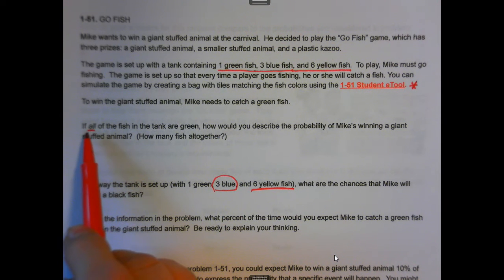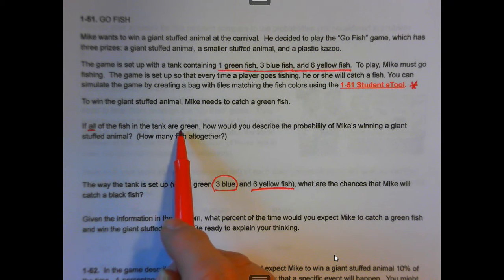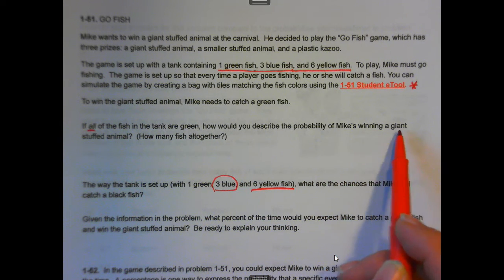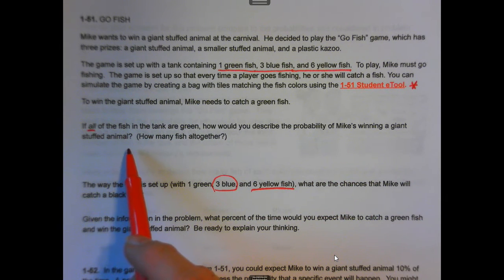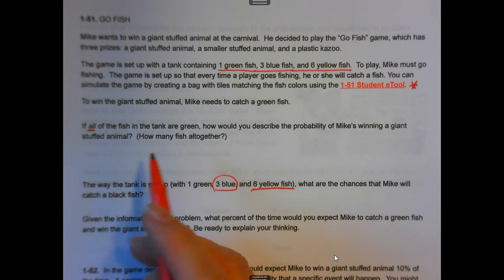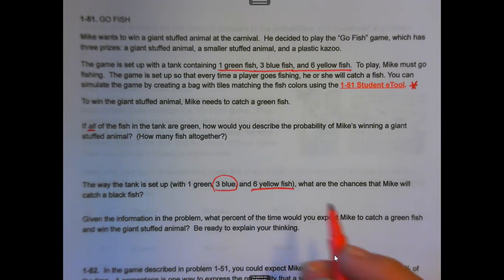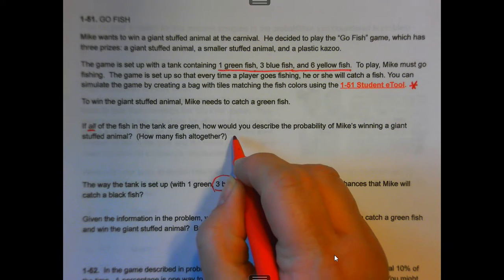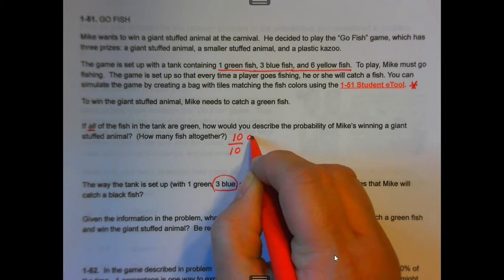So it says, if all the fish in the tank are green, how would you describe the probability of Mike's winning a giant stuffed animal? Well, if all of them were green, that would mean if I had the same number of fish as I do up here, there would be 10 green fish out of the 10 total.